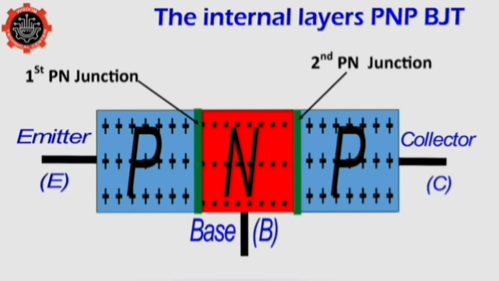So instead of having two N-type materials and one P-type material like an NPN transistor, we have the N-type material as the sandwich between two pieces of P-type material, where the base is made up of the N-type semiconductor. The emitter and the collector are made up of a P-type material.